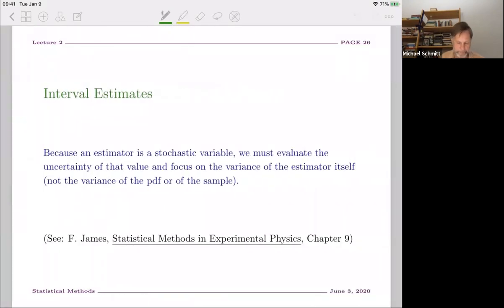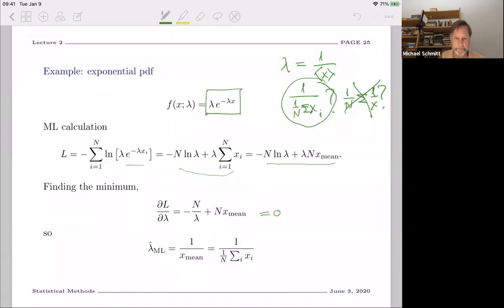Very simple. All right, now I want to switch gears slightly, not too much actually, and talk about confidence intervals. The estimator is a stochastic variable. I emphasized that before. You can see it in this expression here. It's a sum over the data. The data are random, therefore this guy is random. The question is, how much is the value of lambda susceptible to fluctuations in the data?